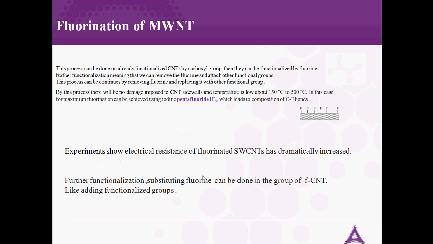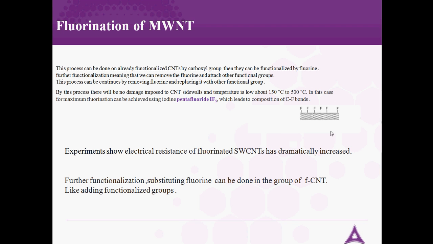functional group. The second kind of chemical functionalization is fluorination of multi-wall carbon nanotubes. As you can see, we have fluorine atoms attached to the sidewall of carbon nanotubes. This process is done at a temperature of about 150 to 500 Celsius.